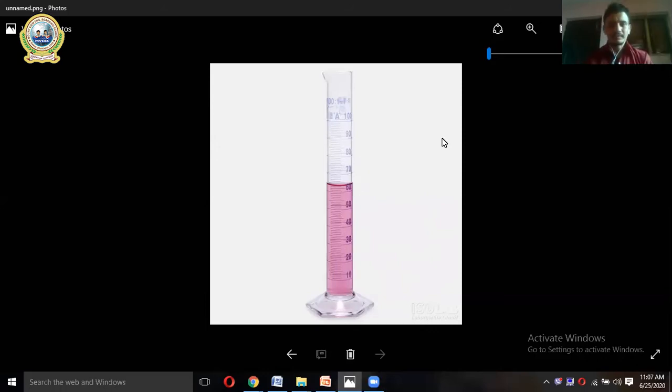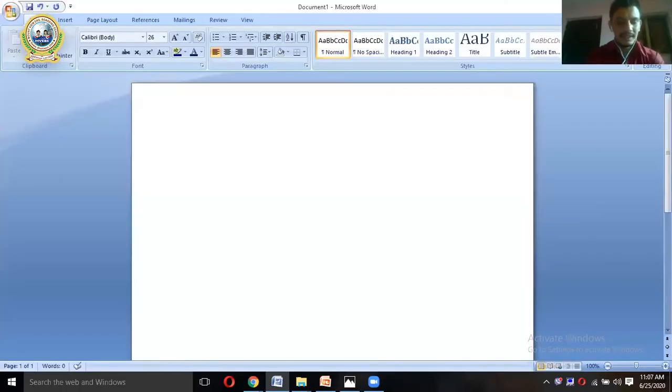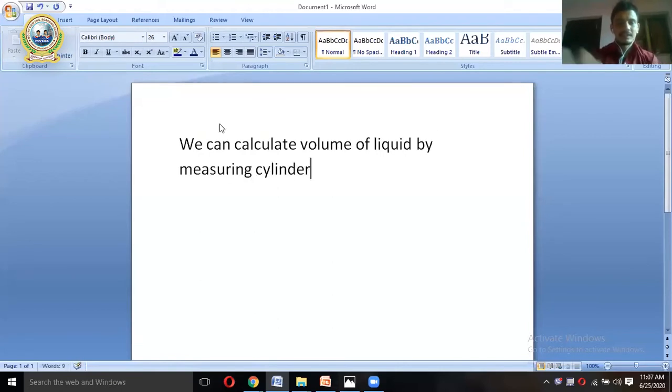Did you get the point? So by the help of a measuring cylinder we can calculate the volume of liquid. I showed you the picture of a measuring cylinder.